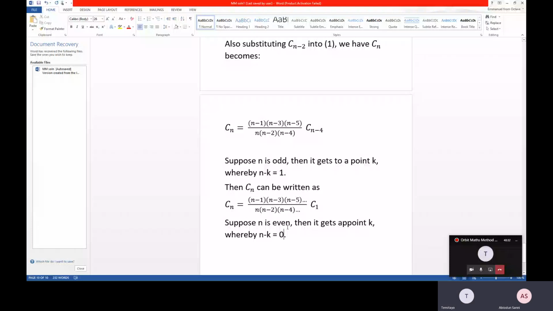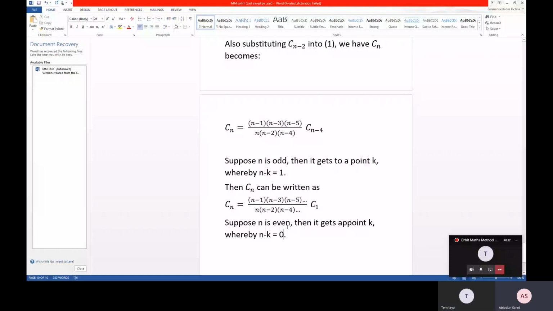The base problem. So the base problem is saying that Cn is this. So let's put it down here. So if Cn is this, what's going to be C1? You have to substitute n to be 1 here.